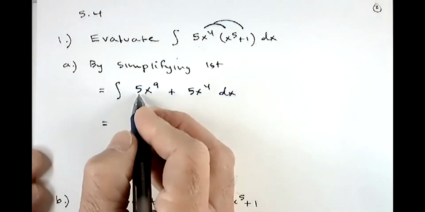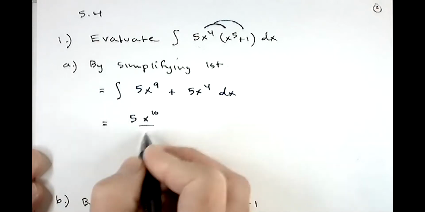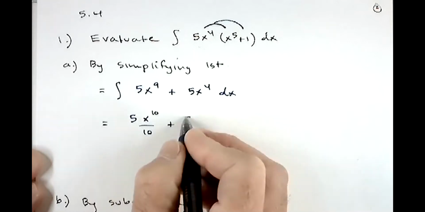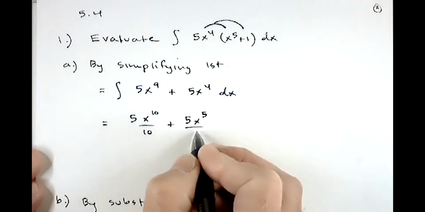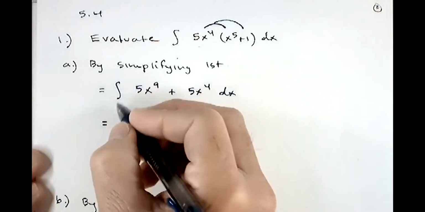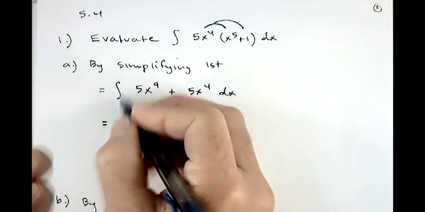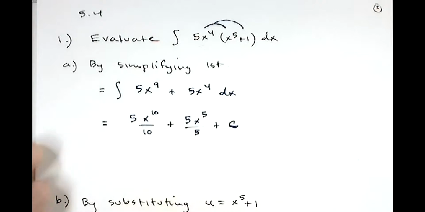And using our power rule, 5 stays there, x goes up a power, divide by the same power. Same thing here, 5 stays there, that's x to the 5th over 5. Now, when we have an indefinite integral, indefinite means there's no limits on there, that's when we go back to putting the plus c on there.